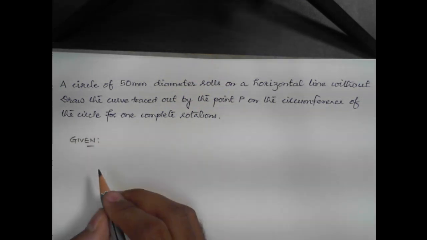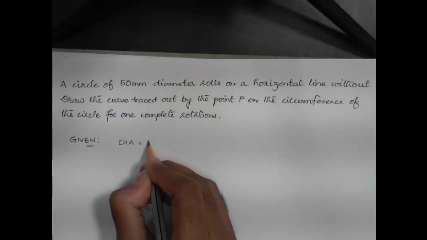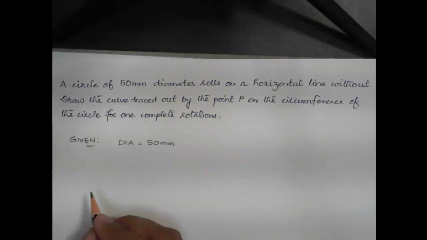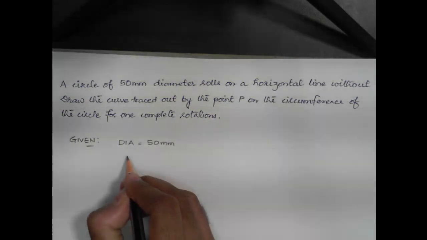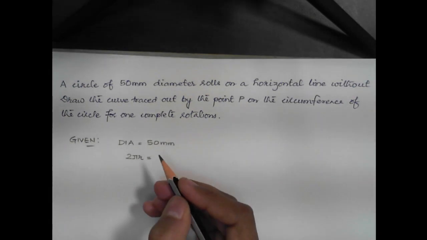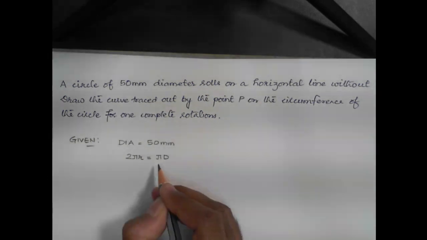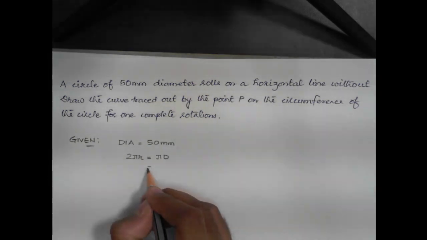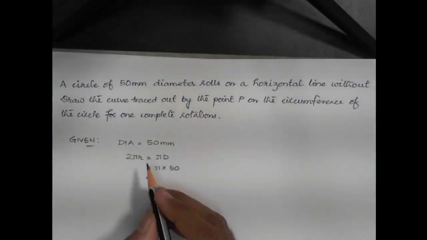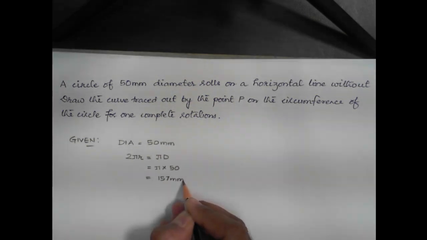The very first thing is the diameter of the circle. The dia is 50 mm. Now the second thing is the circumference, that is 2 pi r, which is nothing but pi d, where d is the diameter. So pi into 50 comes out to be 157 mm.